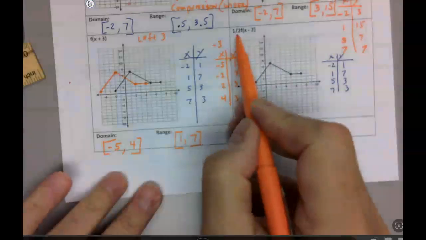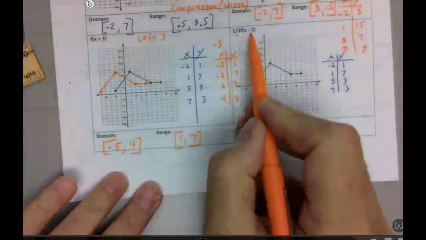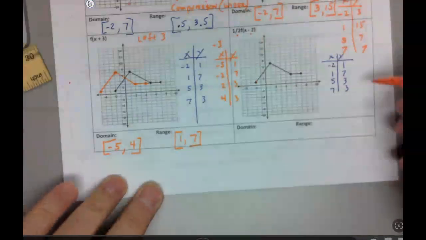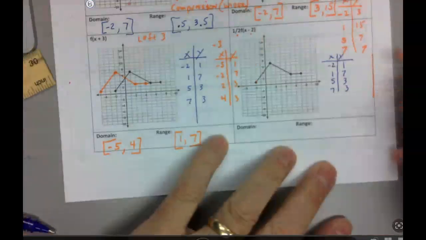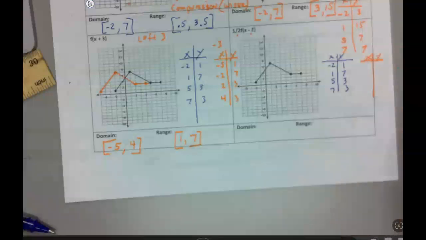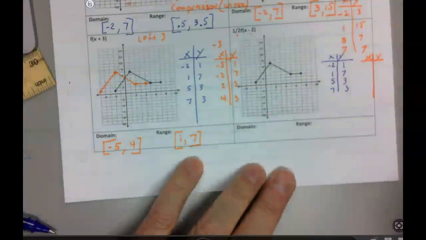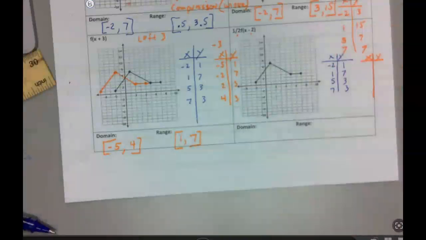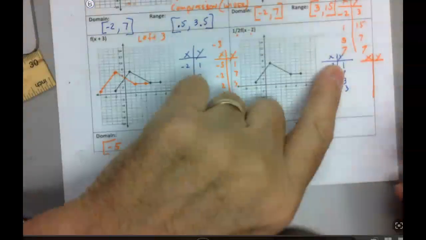Vertical compression, right 2. So what am I going to do to all the y values? Multiplying by half, correct? Everything on the outside deals with the y. So I'm going to multiply all those values by half, agreed?